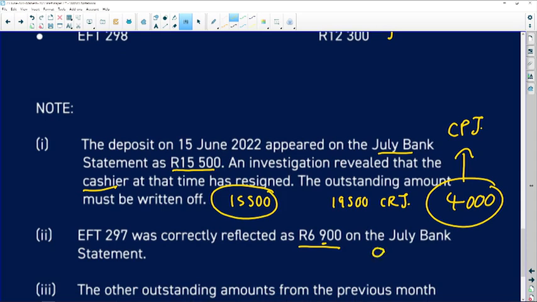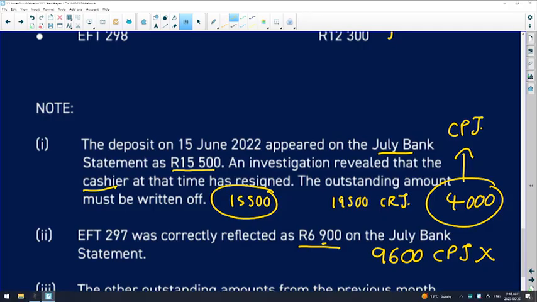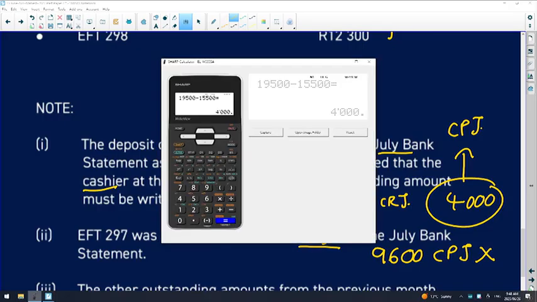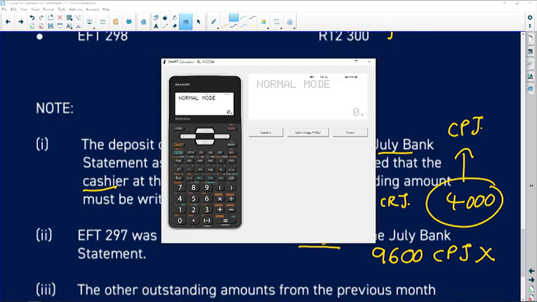So remember, we recorded 9,600 in our CPJ, which is clearly incorrect, right? For some reason, we've made a mistake, and this amount should only be 6,900. So we've obviously overstated a payment. So let's find out by how much. 9,600 minus the correct amount, 6,900, and we've overstated by 2,700.